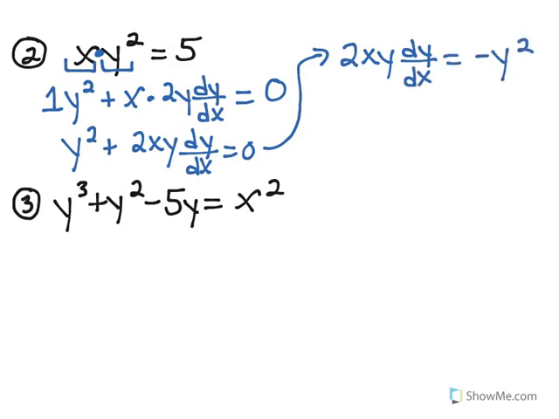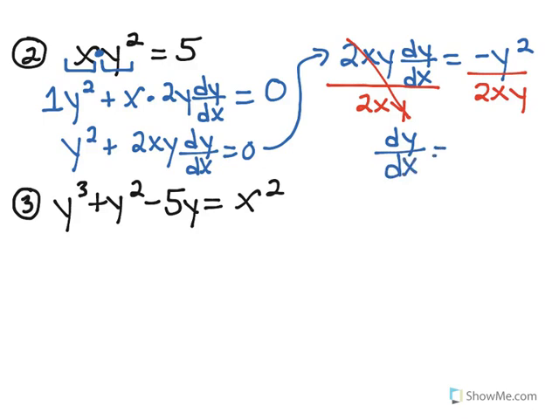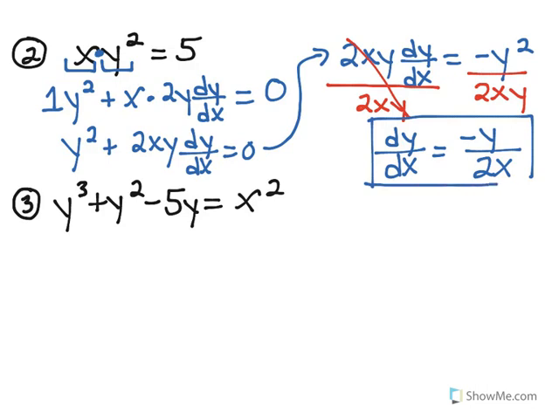And now I'm going to go through and divide by 2xy to make those go away. So my answer is going to be dy/dx equals, see how I have negative y squared over y? That can reduce down to just negative y over, and now I'll have 2x. And you should always reduce as much as possible.